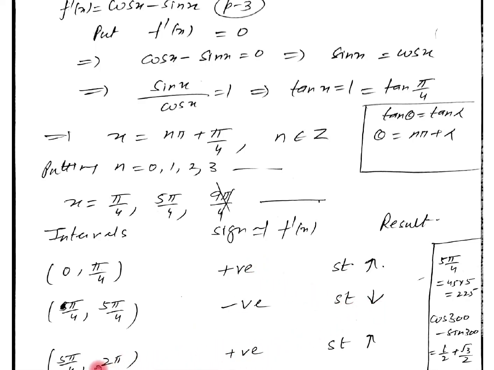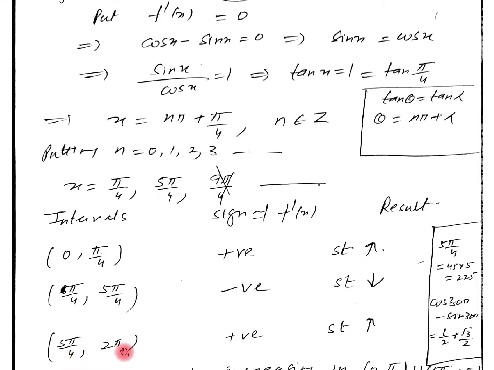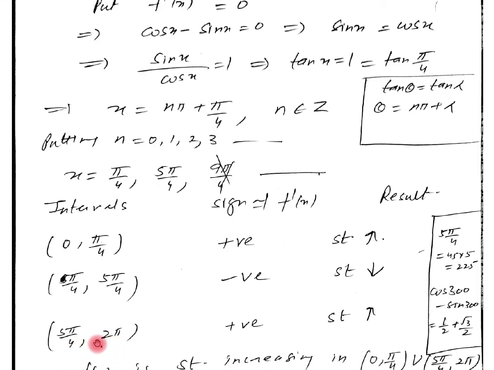Then in the third interval, 225 to 360, I am taking the value 300, because it is a standard value. Then our f dash x becomes cos 300 minus sin 300. Now in the fourth quadrant, cos is positive. It can be written as cos of 360 minus 60, and cos 60 is 1 by 2.